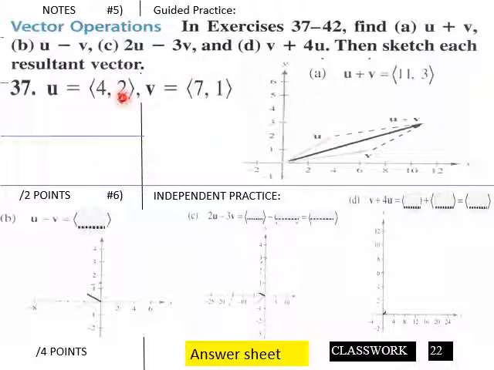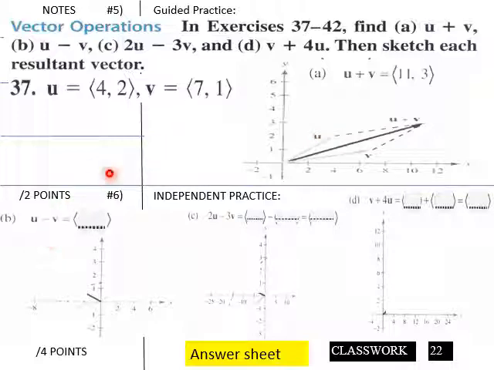Here's our u. Then here's our v. When we add these together, we get 11, 3, which would be out here. And then here's your geometric solution for that as well. u and then v. And then we add here u plus v out here. And we get out here 11 and then 3.